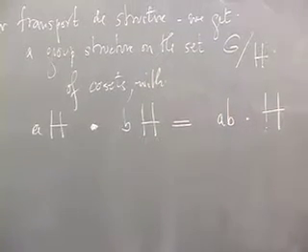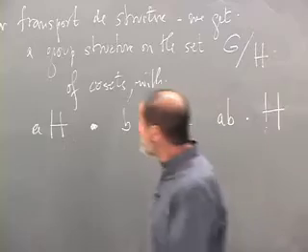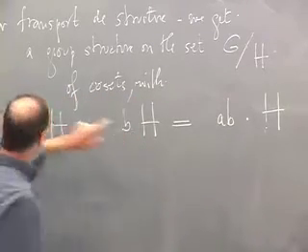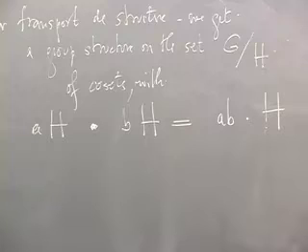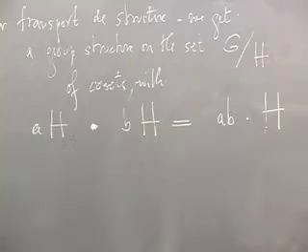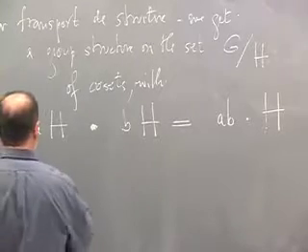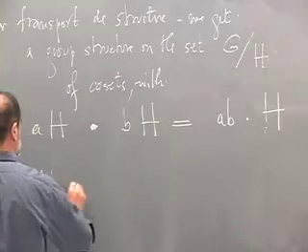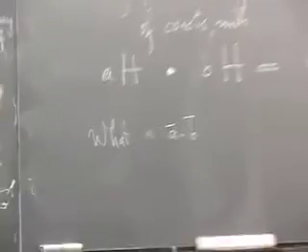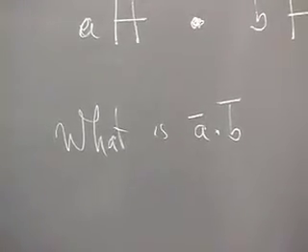Why? Because if I want to figure out how to multiply this coset by this coset, I have to figure out how to multiply A bar by B bar. Right? That's the multiplication law I'm going to use, the multiplication law in G prime. So what is A bar times B bar? Well, it's the bar of something because it's in the image. What is it the bar of?